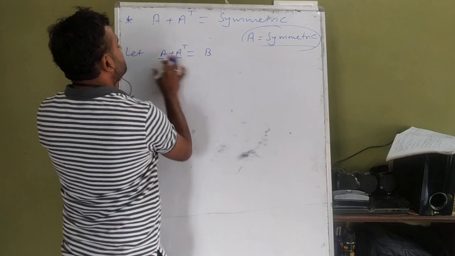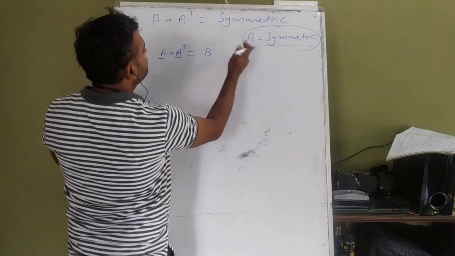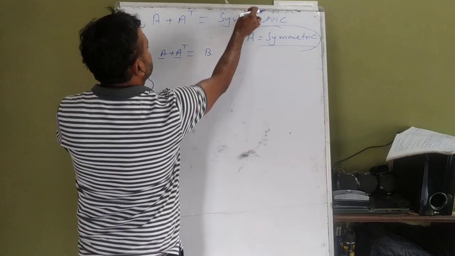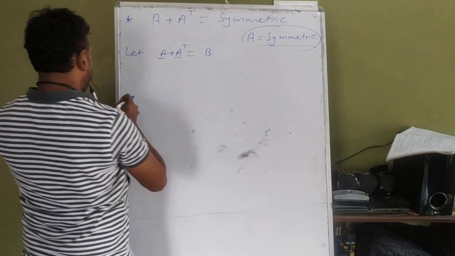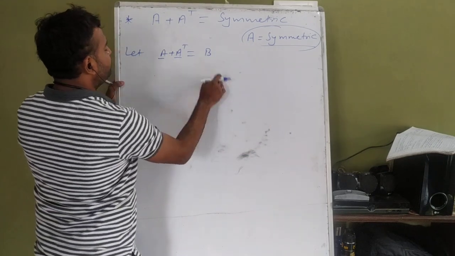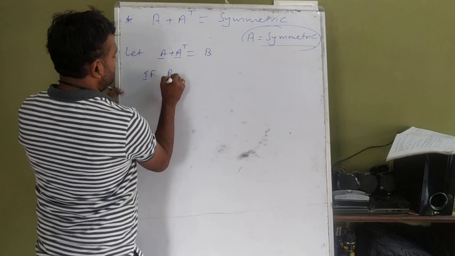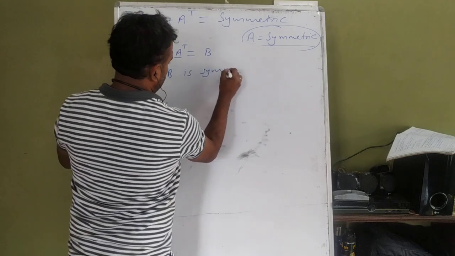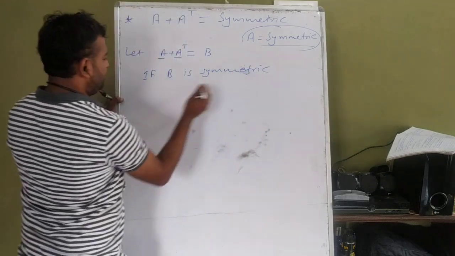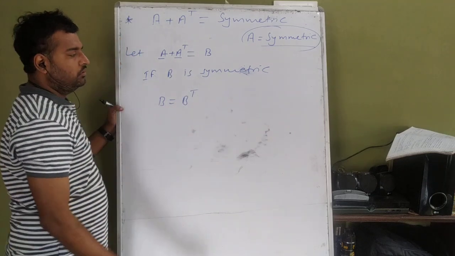After adding, let this term equal B. Then what we have to prove is that B is a symmetric matrix. When a matrix is said to be symmetric, it means that if B is symmetric, then B is equal to B transpose.